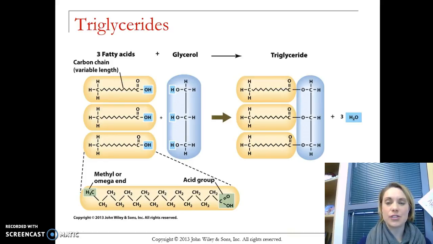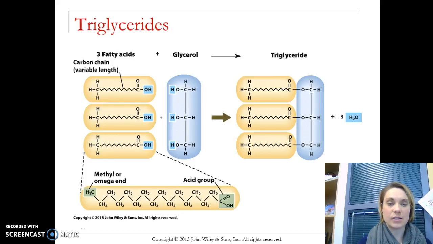Triglycerides are our major source of lipids in the diet and in the body. Triglycerides are made of a glycerol backbone connected with 3 fatty acids, and those fatty acids can be variable in length from short chain to medium chain to long chain fatty acids. As you can see on the bottom here, fatty acids are made of carbon, hydrogen, and oxygen, with a carboxyl end that attaches to the glycerol, and then there's a methyl end or an omega end on the other side.